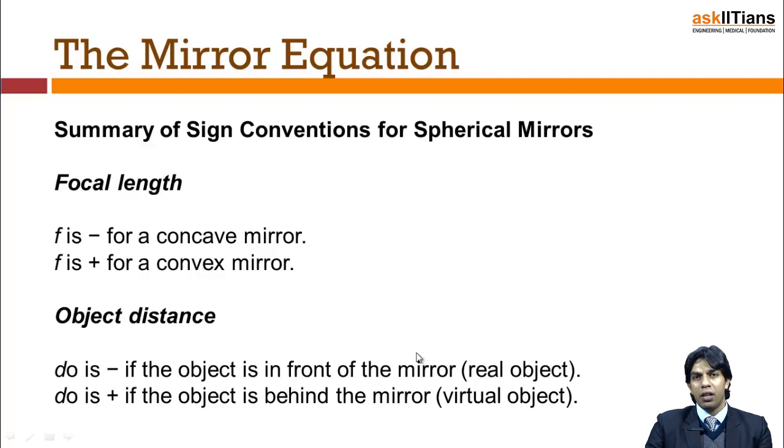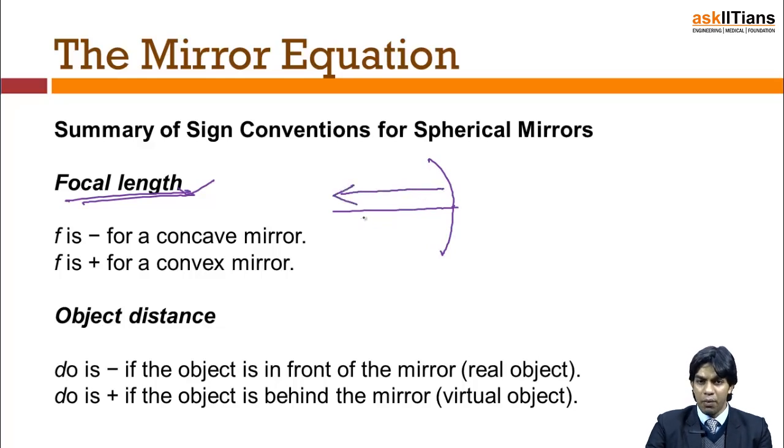Now, again, to properly apply the mirror equation, we need to keep in mind the sign convention. That is, the focal length is negative for the concave mirror, right? So the concave mirror is like this. The direction is in this direction. This is a sign convention.